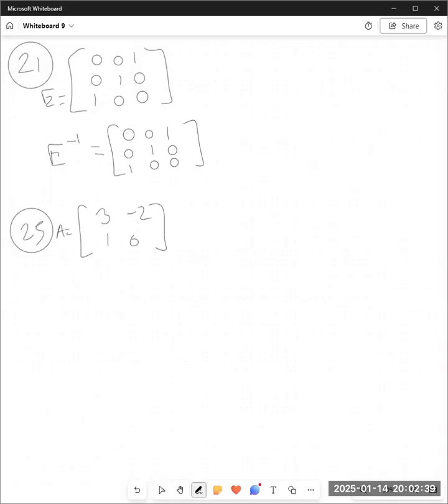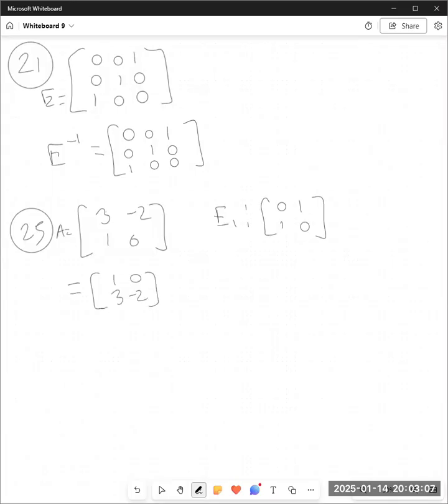We're going to use elementary matrices to get down to the point where we have the identity matrix. So we're going to swap rows 1 and 2. E1 will do that for us. Rows 1 and 2 get swapped, and so now we have 1, 0, 3, -2.